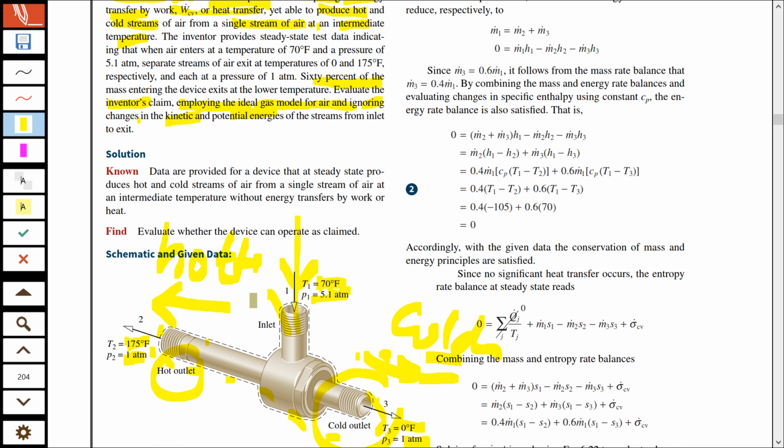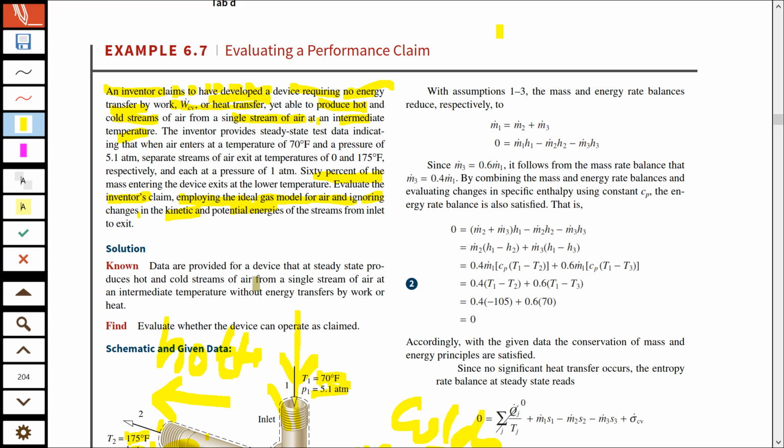So now how do you verify the claim? Basic principles. You need those three equations from which we started this chapter and this section. Let me just rewrite them. You need the mass rate balance, then the energy rate balance, and then the entropy rate balance.